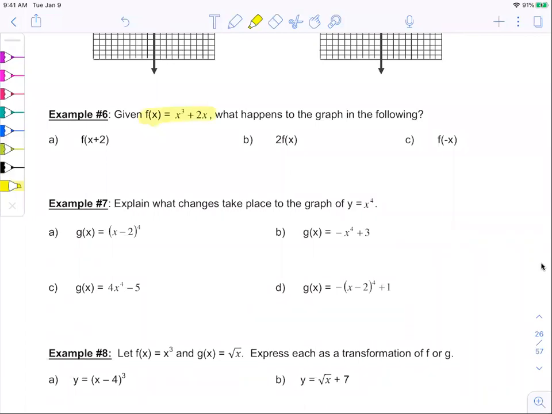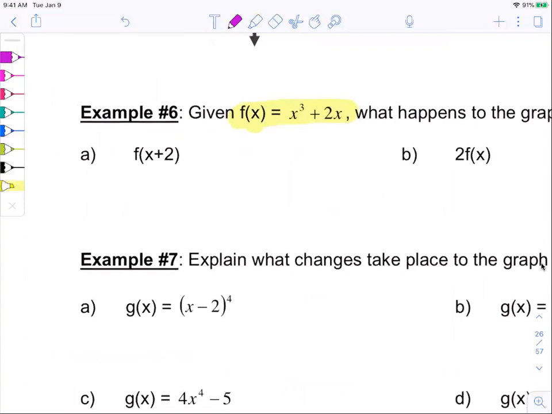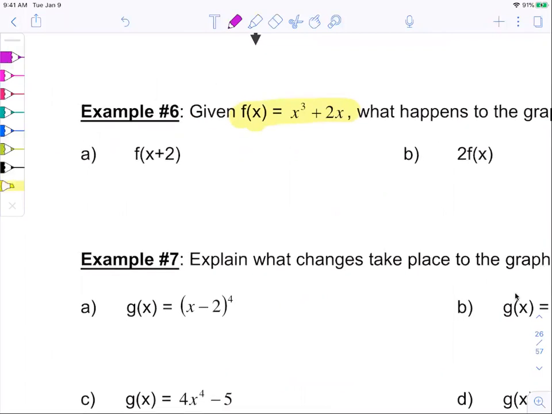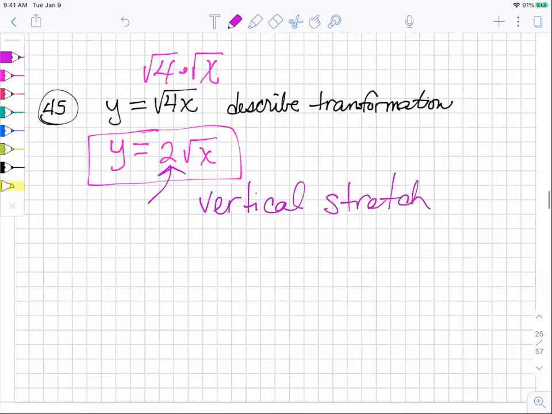The way the function notation is written really describes what's happening to the graph. So the little f in front is function notation saying refer to your given function. But this x plus 2 is the part that's going to tell us what happens to the graph. It doesn't matter that our function says x cubed plus 2x. So this is that general information that we talked about yesterday.